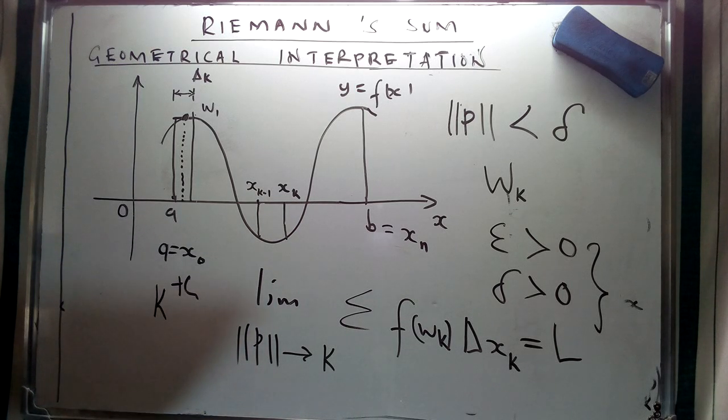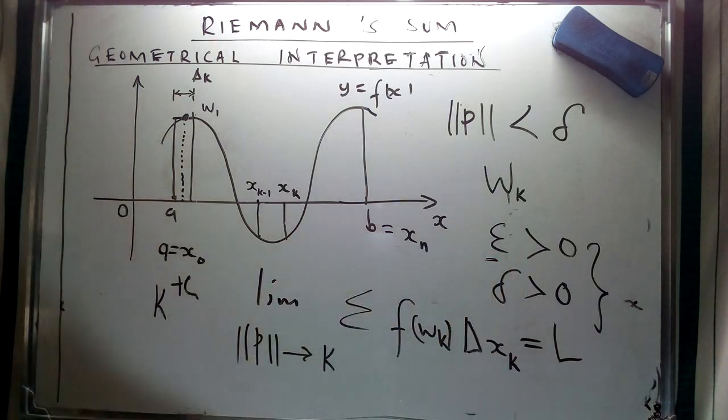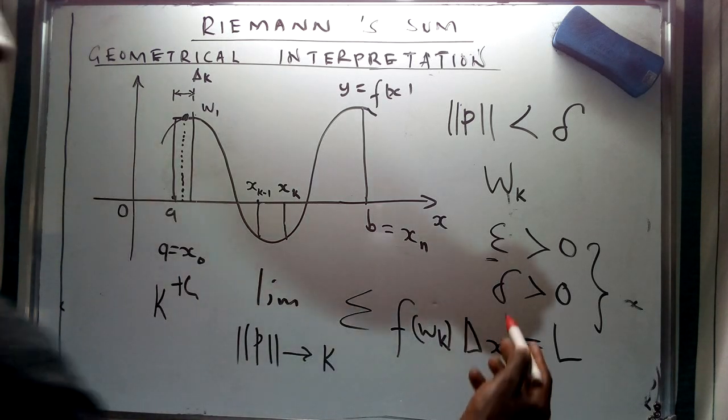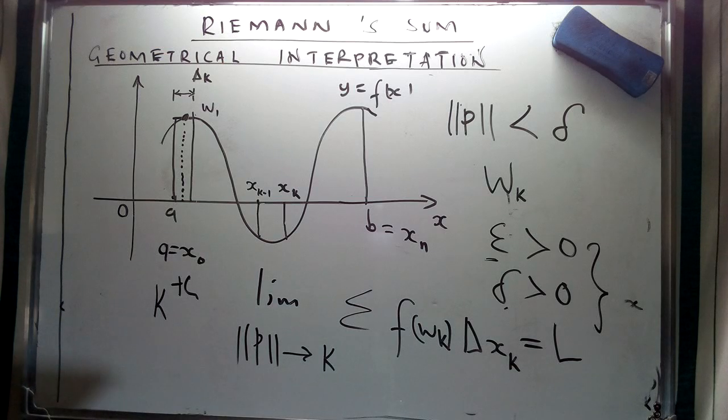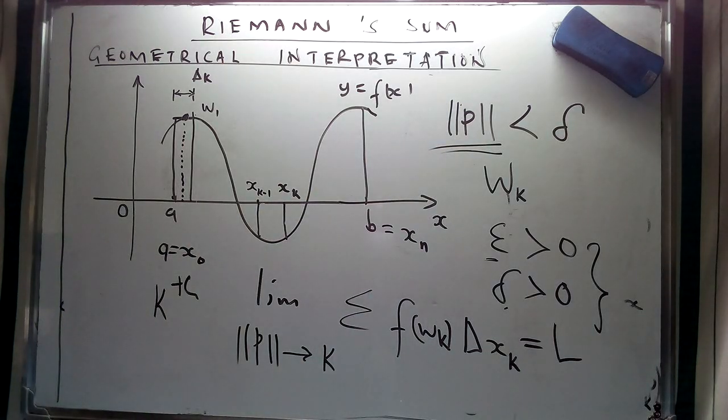For this specific limit, there is going to be a value epsilon greater than 0, and another value delta, such that the norm of the partition P is smaller than delta, and this creates the condition for that specific limit.